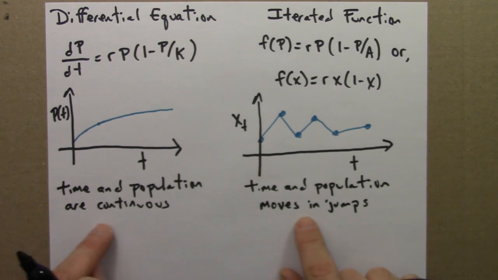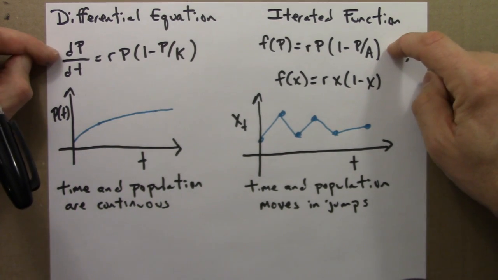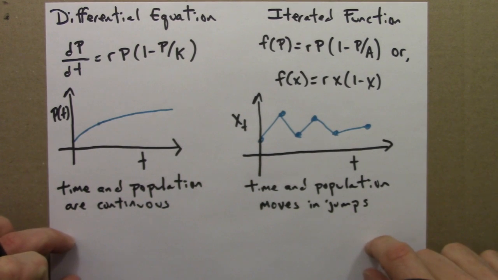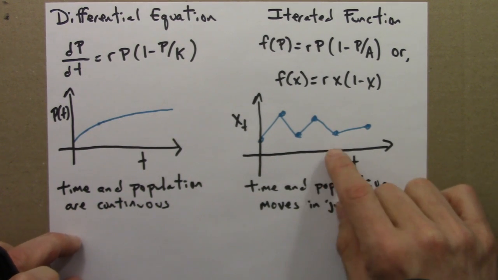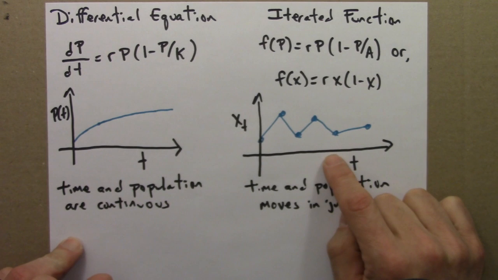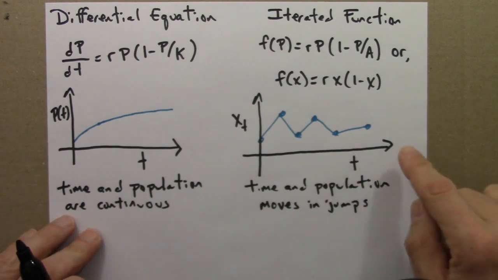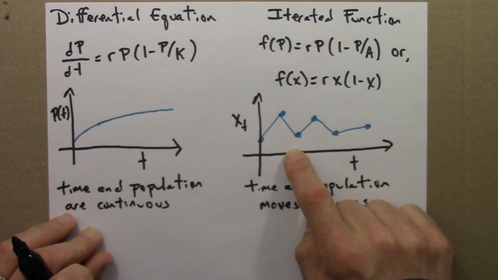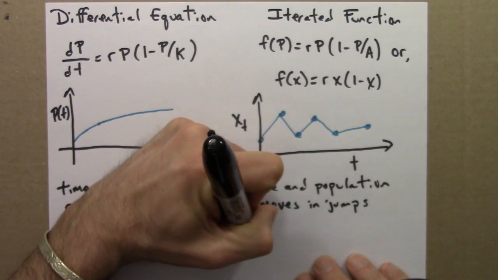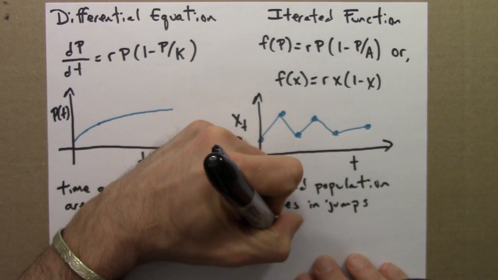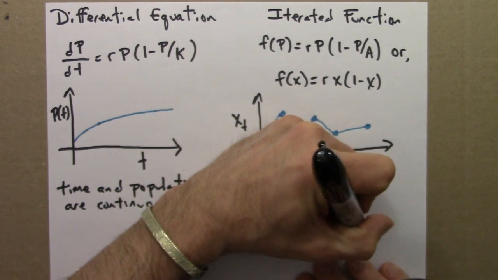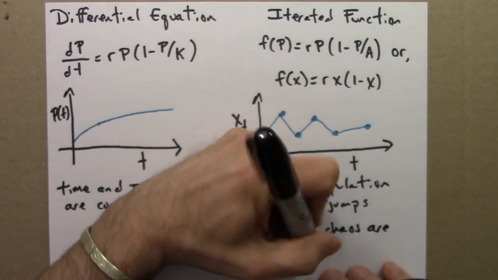And this difference, together with the fact that these equations are deterministic, gives rise to very different ranges of possible behaviors. We've seen for the iterated function in Unit 3 that it's capable of producing cycles and chaos.